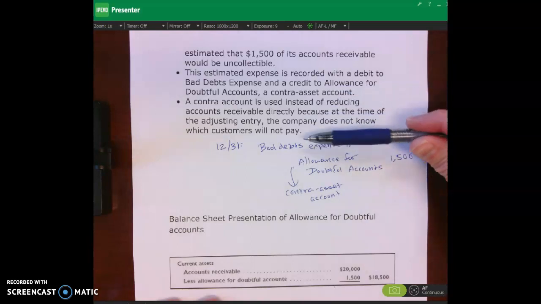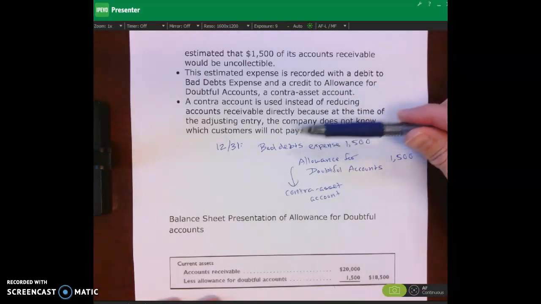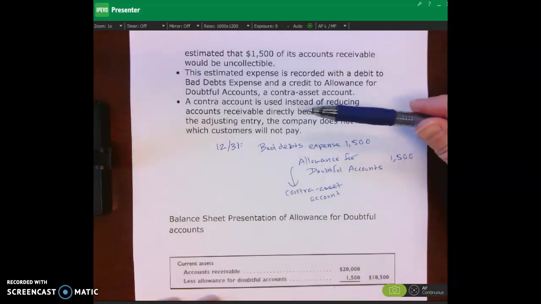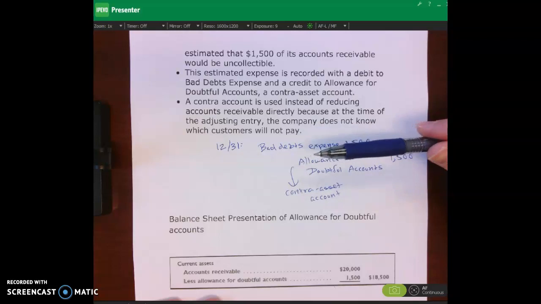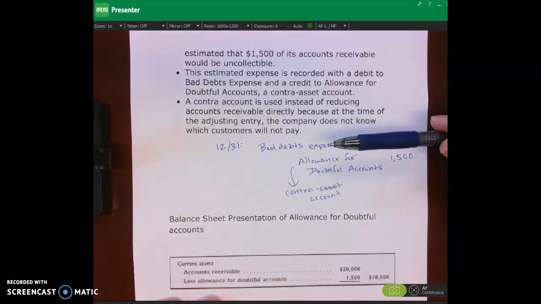Remember when we talked about the journal entry to recognize depreciation, we debited depreciation expense and we credited accumulated depreciation. And we said that accumulated depreciation is a contra asset on the balance sheet. And we took the original asset cost minus accumulated depreciation to give us the book value of that asset.